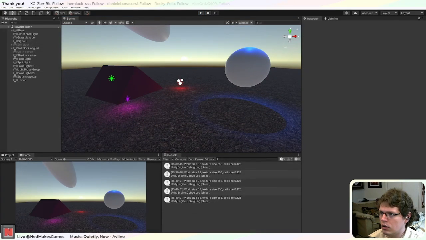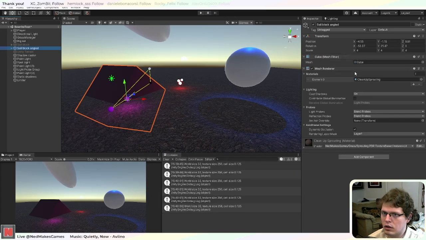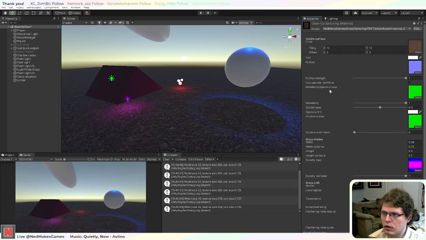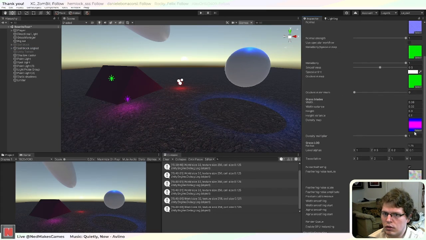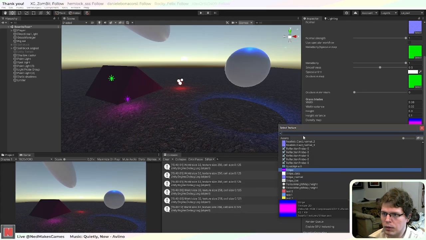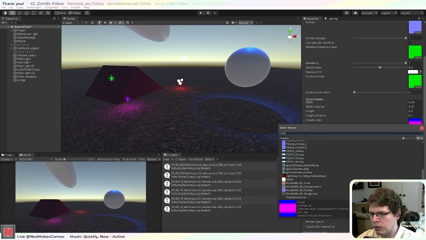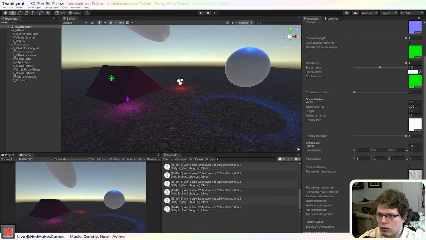Okay, let's just try to get rid of as many variables as possible. So we'll just give it a white density map. That doesn't seem to do anything anyway.